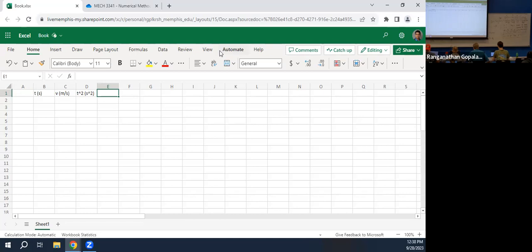I have V times T, which has units of meters. And then I'll write V fit, and then V fit minus V original.